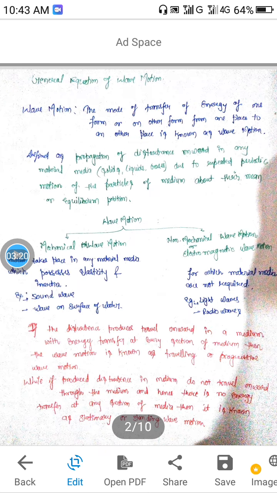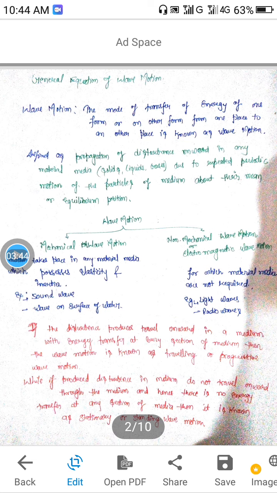Now let's see which types of wave motion there are. When you throw a stone in a pond, you can generate a wave. Simple. Okay, so which types of wave motion? There are two types. First is mechanical wave motion, second is non-mechanical wave motion. What is mechanical wave motion?